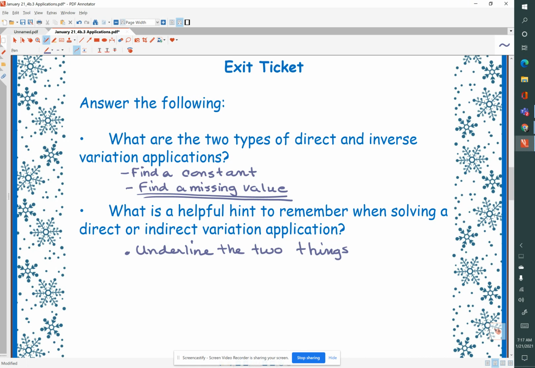It could be finishing a project with a certain number of people in a certain number of days, but underline the two things that are being compared. Okay, assign the first thing as variable y, and assign the second thing as variable x.